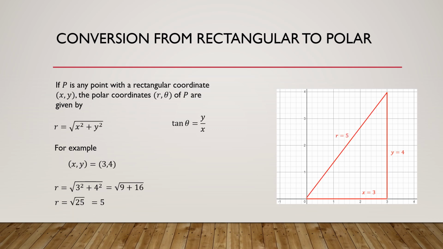From there, we can find theta by knowing that theta equals the arctangent of y over x. The arctangent of 4 over 3 is approximately 53 degrees, rounded to the single degree, making the polar coordinate of the point (5, 53 degrees).